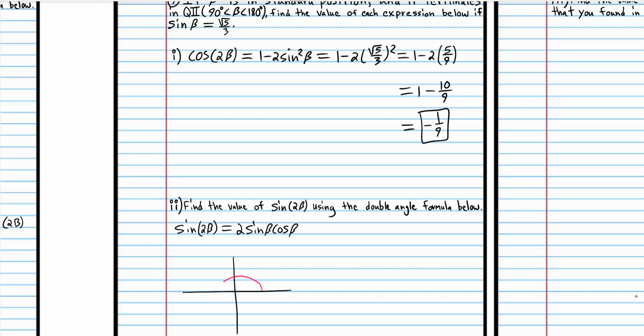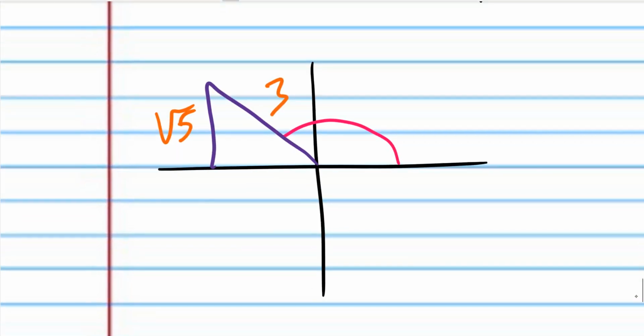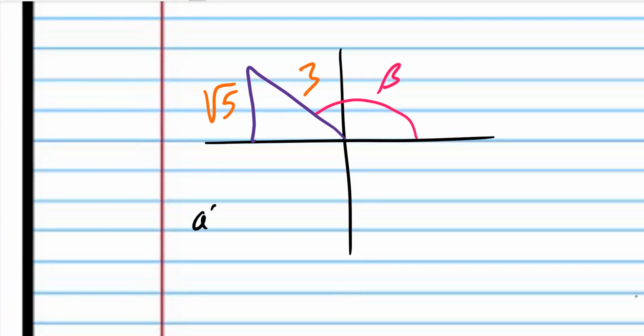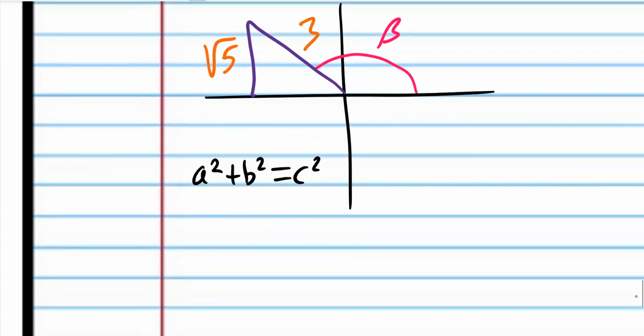So we can draw a hypothetical triangle. We're told that sine beta is root 5 over 3, so we know those side lengths. So that is beta. Now, of course, we're going to use the Pythagorean theorem to help us find the missing side.